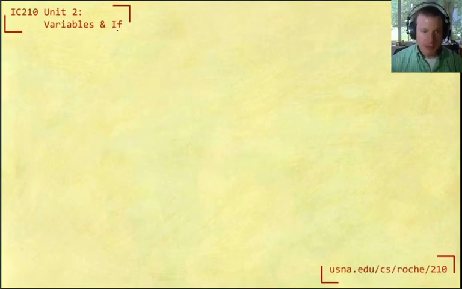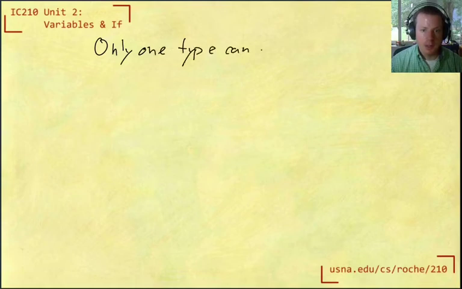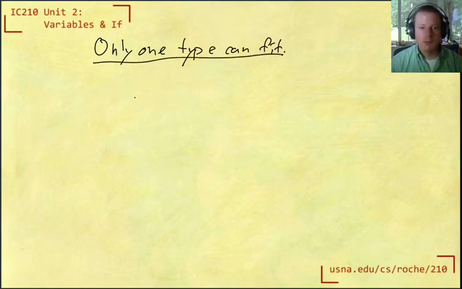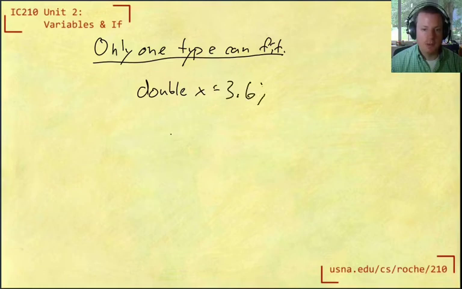The second case is when only one type can fit. And this is the example that comes up most often when we're assigning. So if I have, using the same example as before, x equals 3.6, I think is what I said.